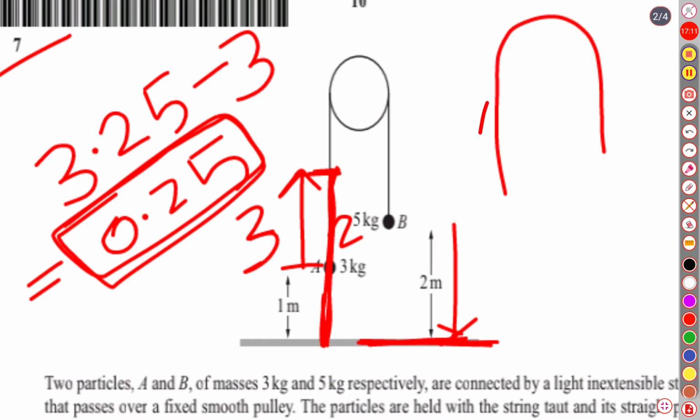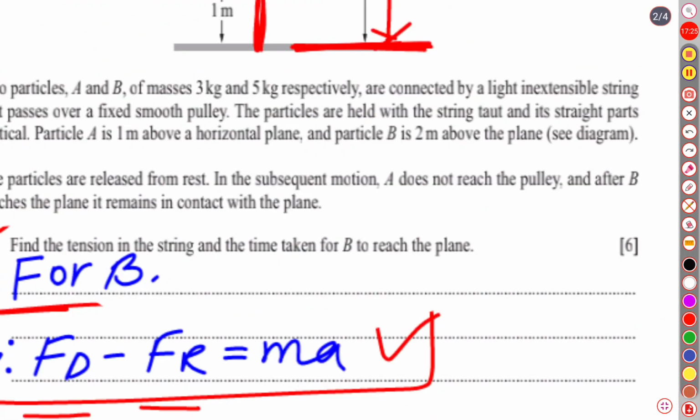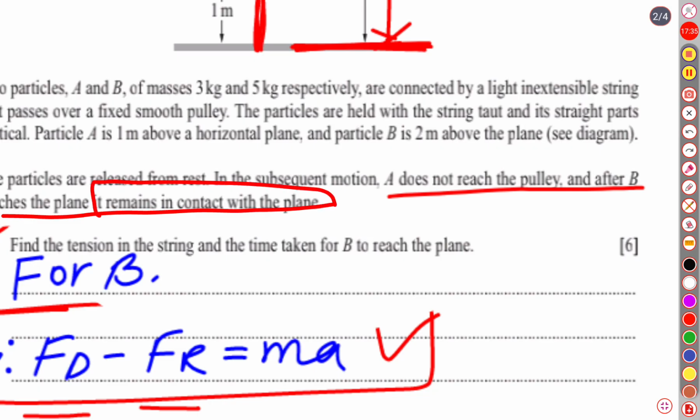It will come back downward. When B touches the horizontal plane, the question says, look, it is written over here, A doesn't reach the pulley, and after B reaches the plane, it remains in contact with the plane. There is no movement after touching this reference line.